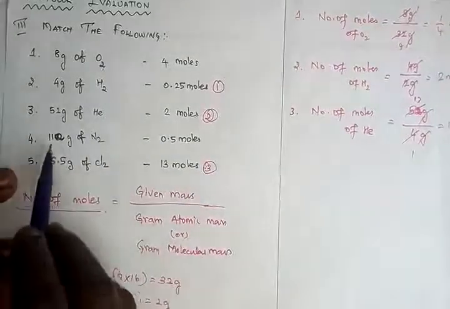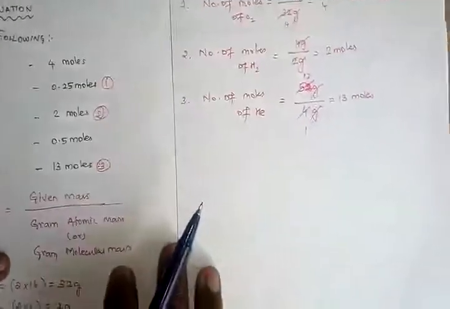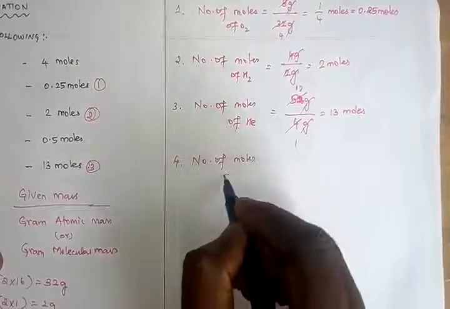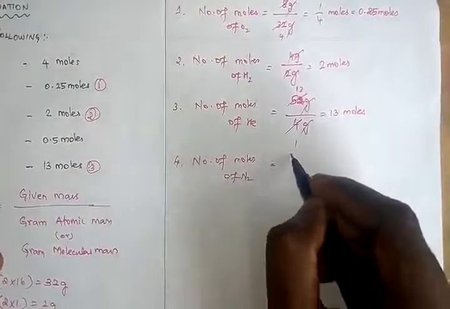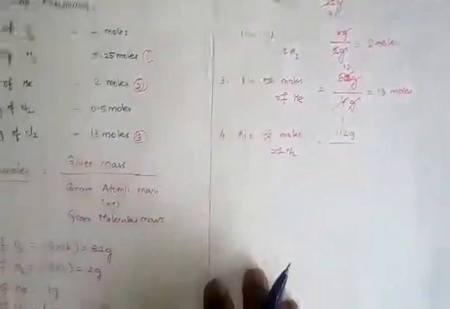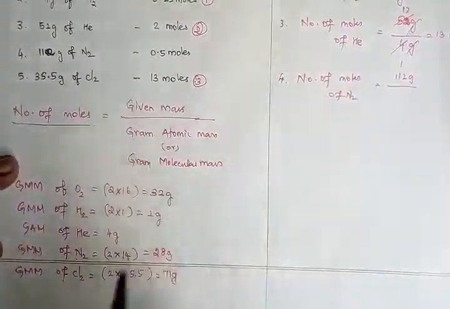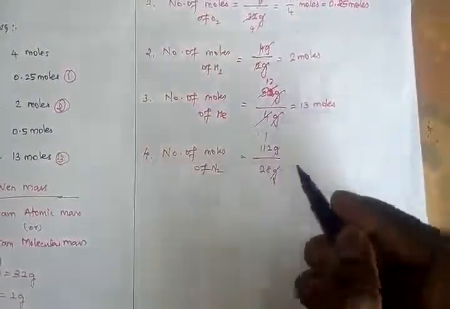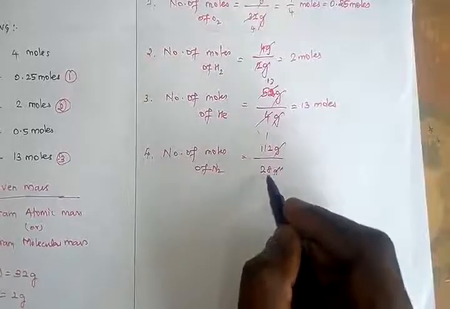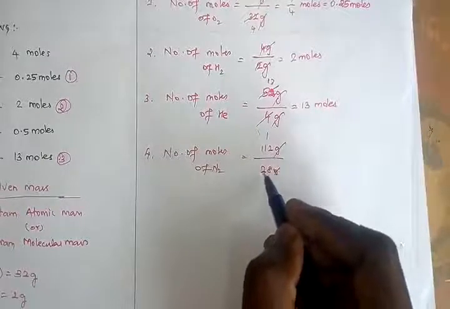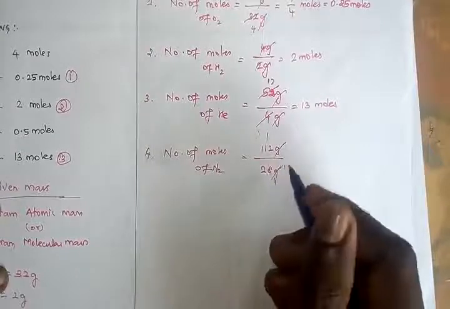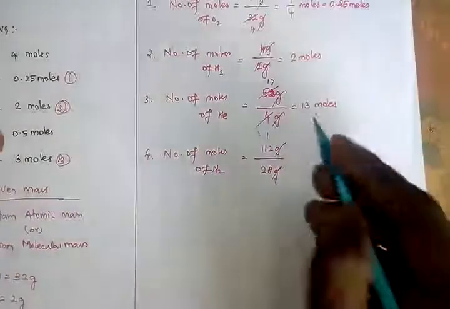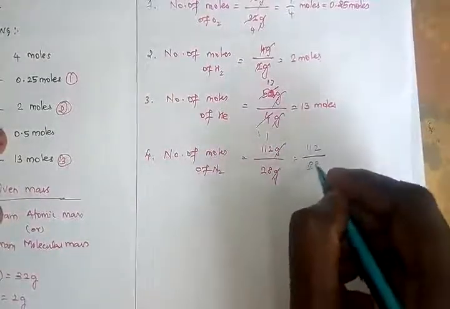Now come to the next one, that is 112 grams of nitrogen. The number of moles of nitrogen is equal to 112 grams divided by the gram molecular mass of nitrogen, 28 grams. Substitute there 28 grams, grams cancel. If you have numbers like this, just divide by small numbers first. Now 112 divided by 28.